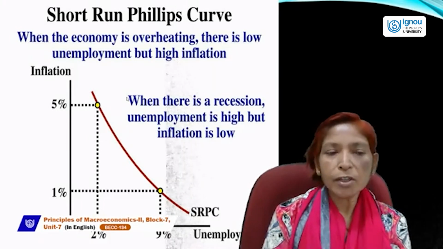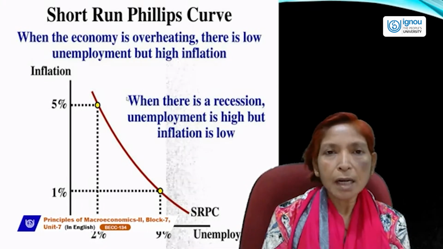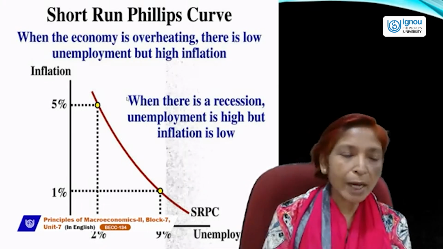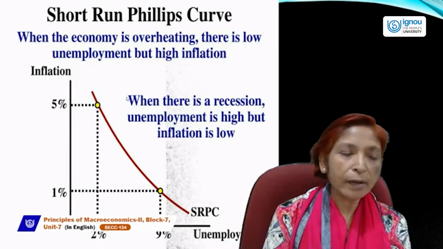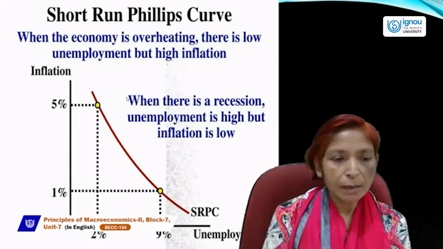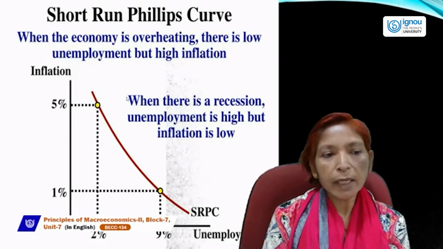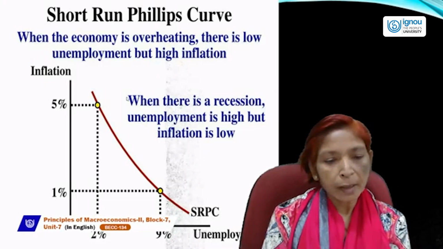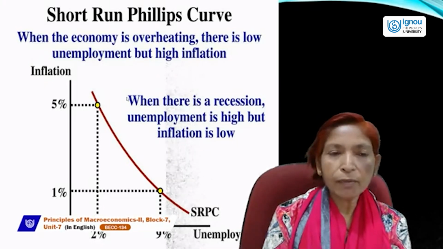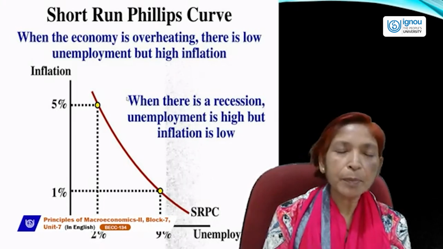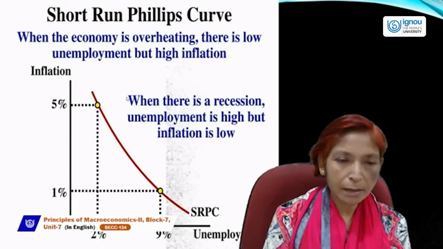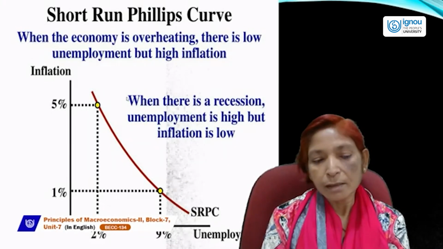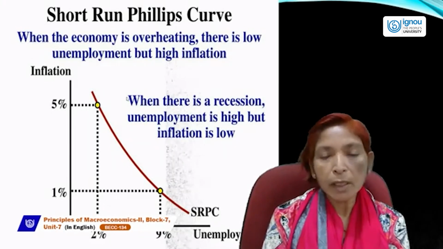As the inflation rate increases, unemployment starts falling. In this diagram, when the inflation rate is 5%, the unemployment rate is 2%. When the inflation rate falls from 5% to 1%, then the unemployment rate will rise from 2% to 9%.